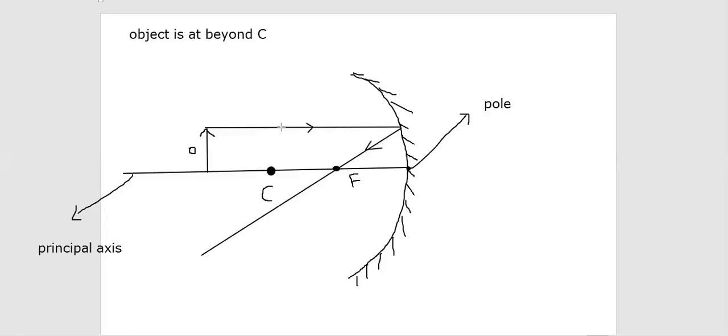The incident ray is this one, and this one is the reflected ray. So the first rule we have used here. Now the second rule, what is the second rule?